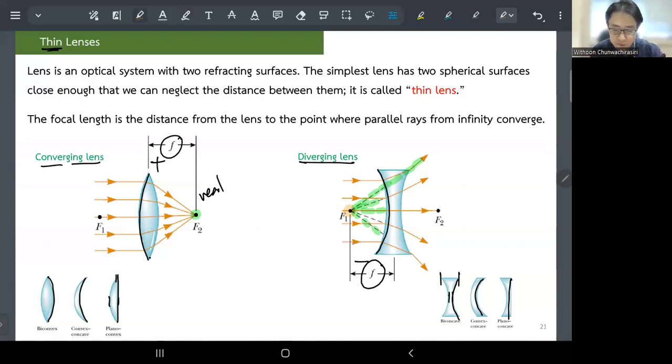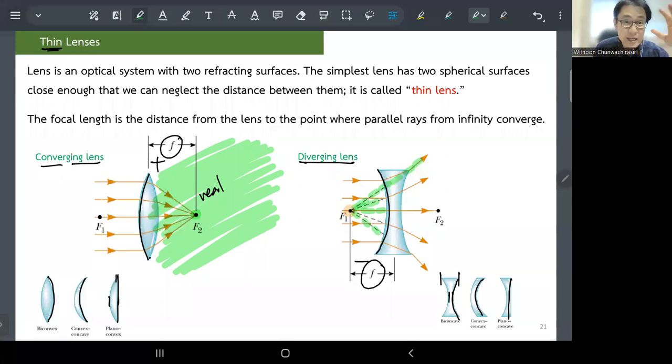Last one. Light gets through the lens, never gets reflected. If it's going to be real, it's going to happen behind the lens. You guys with me here? Because light has to penetrate through the lens. It's a transparent medium. You will never see the light in front of the lens anymore.